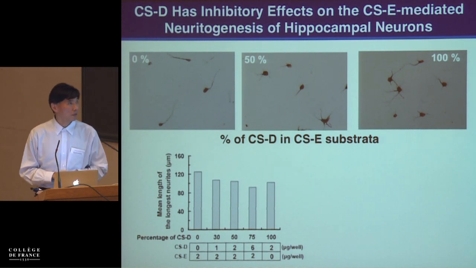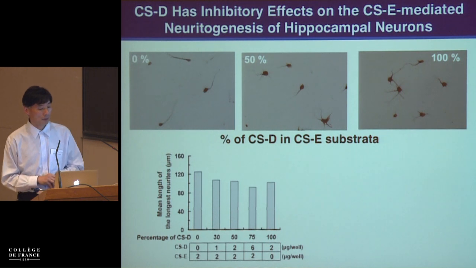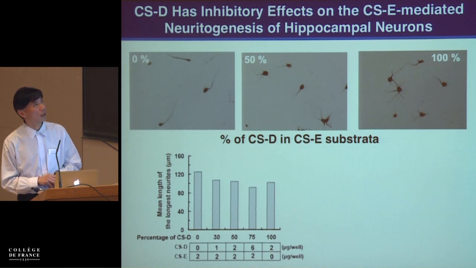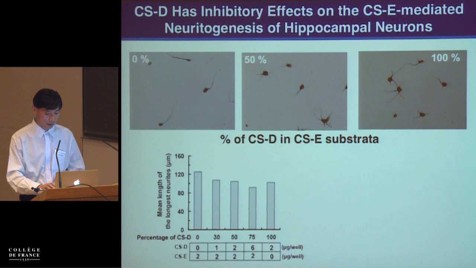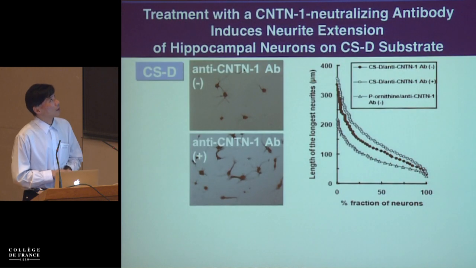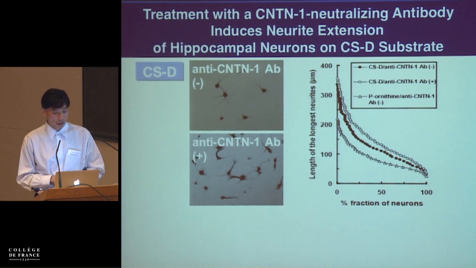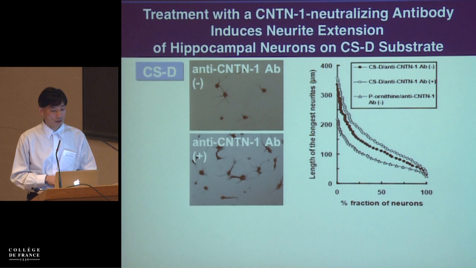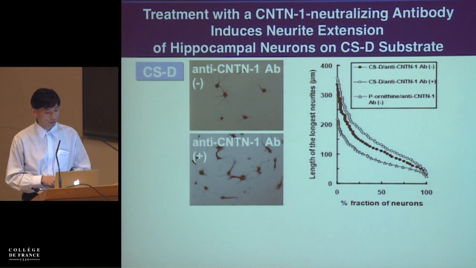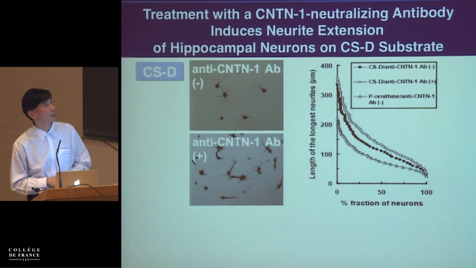To further examine the involvement of contactin 1 in the chondroitin sulfate D-mediated neuroinhibitory effect, we examined whether treatment with contactin 1 neutralizing antibody induced neurite extension of hippocampal neurons on chondroitin sulfate D substrate.